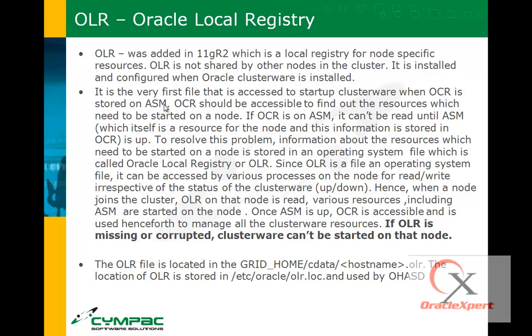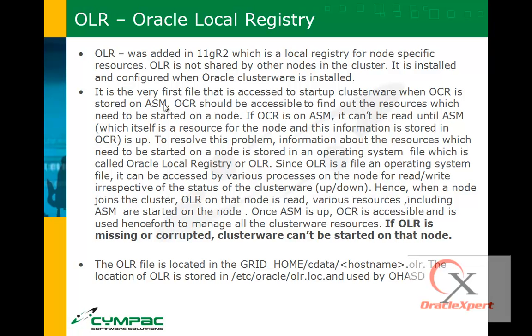So how does this happen then? Local services are read from OLR, and that is how it manages to start. Now, why did Oracle make this drastic change? This was made to promote use of ASM so that you can keep your voting disk and OCR on ASM.